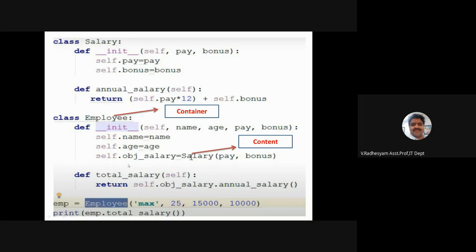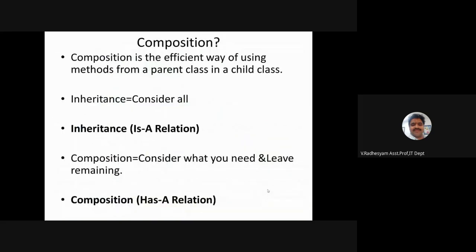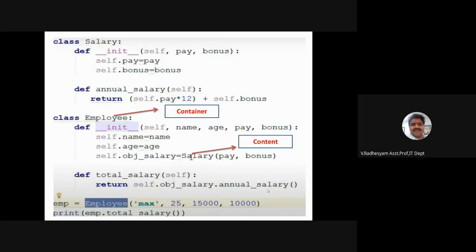So this is to be passed to obj_salary, so we can use obj_salary.annual_salary. Instead of inheriting all the information from the base class, we can inherit the attributes or variables, whatever we want. This concept is called composition. This entire concept is a has-a relation.